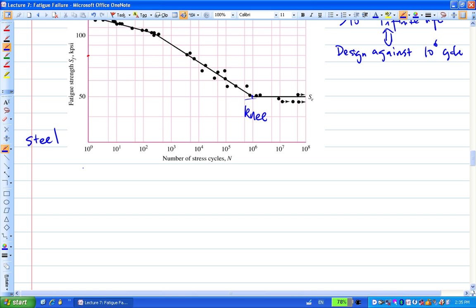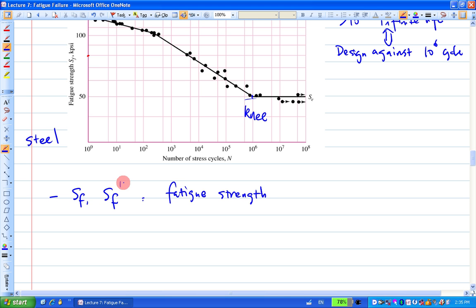First, SF, SF prime. I'll explain what the difference between a prime and non-prime means. But when you see a subscript F here, this means the fatigue strength.